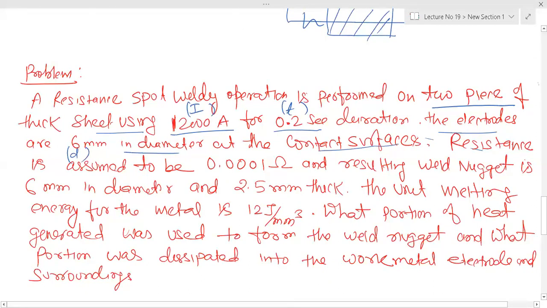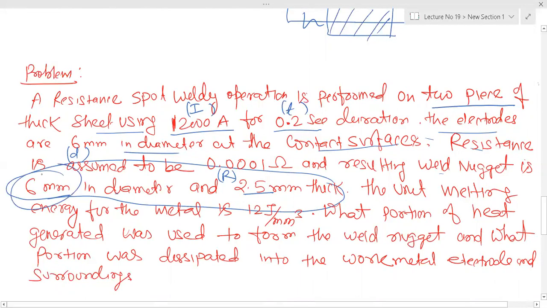At the contact surface, the resistance is assumed to be 0.0001 ohm. This is actually the total one. They have not given it individually. If it is not given individually, you take the total. The resulting weld nugget is 6 millimeter in diameter and 2.5 thick, which also matches the electrode diameter.